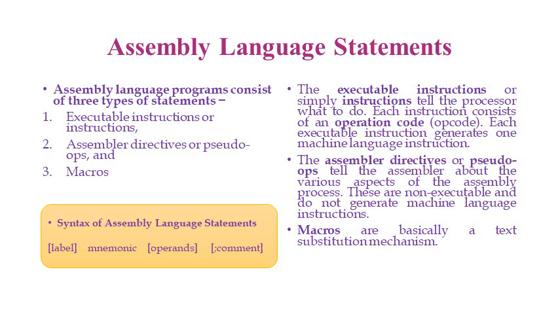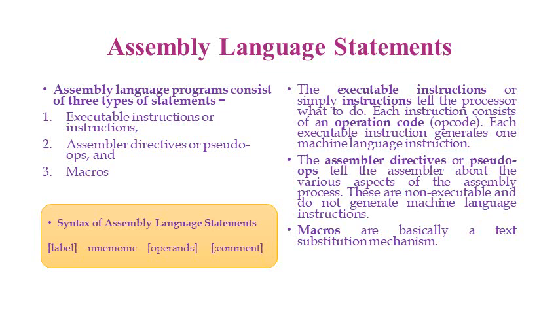The assembler directives or pseudo opcodes tell the assembler about the various aspects of the assembly process. These are non-executable and do not generate machine language instructions. Macros are basically a text substitution mechanism.